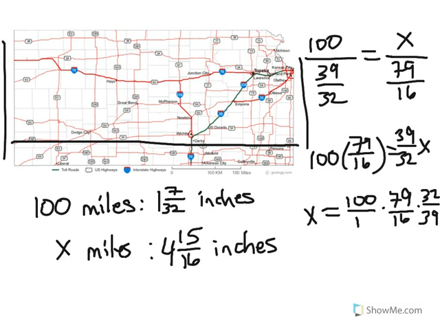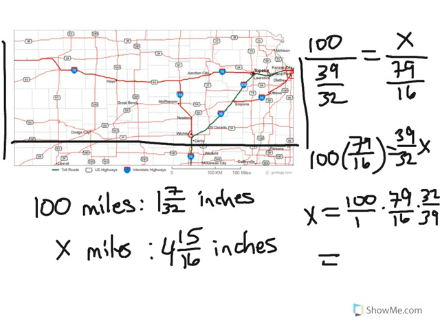Well, we're getting into pretty arcane territory for fractions, so it's time to turn this over to a calculator and get a reasonable decimal approximation, since I am not bound and determined to know exactly how far it is from border to border, and in fact, this isn't the right method for doing that anyway. So, turn to the calculator, and we take 100 times 79 times 32, divided by 16, divided by 39.